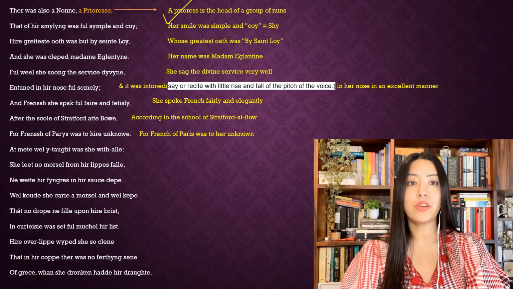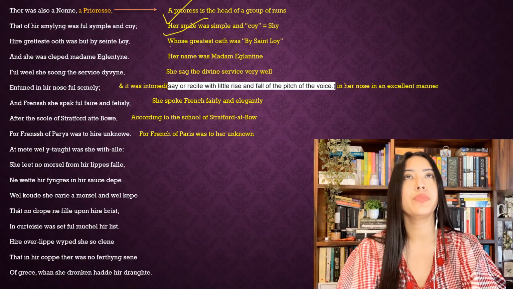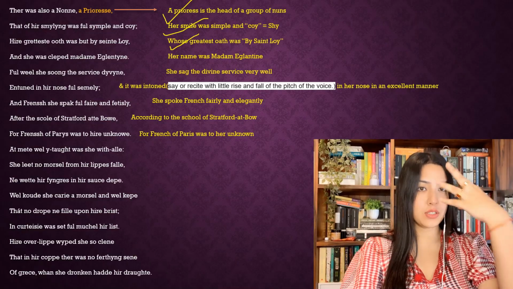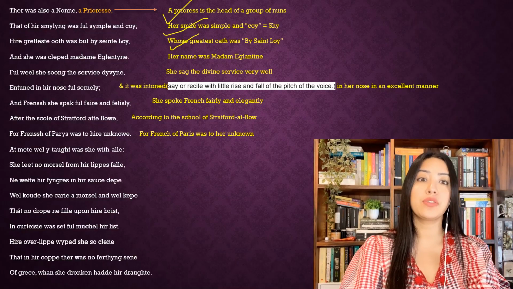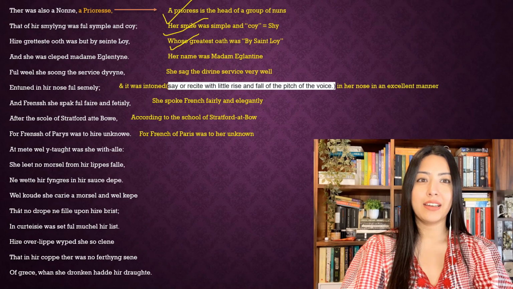So the prioress is the head of a group of nuns. Her smile was simple and coy or shy. So when we imagine a nun, or we imagine the countenance, the facial features and the facial expressions of a nun, we don't expect a nun to be shy, right?